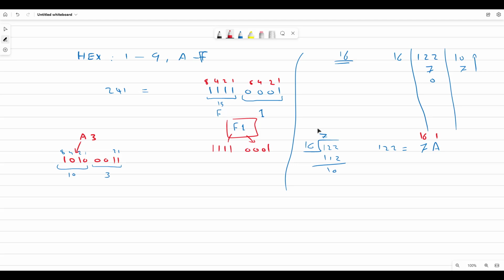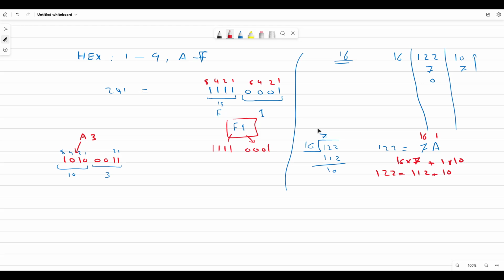Here we have A, which is 10, times 1, plus 7 times 16. So 10 times 1 is 10, plus 7 times 16 is 112, so we get 122.